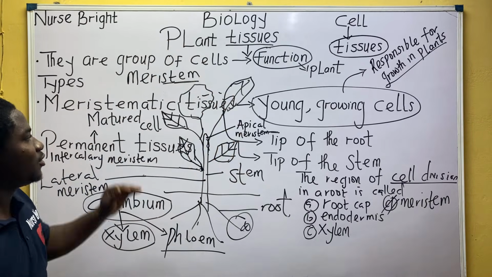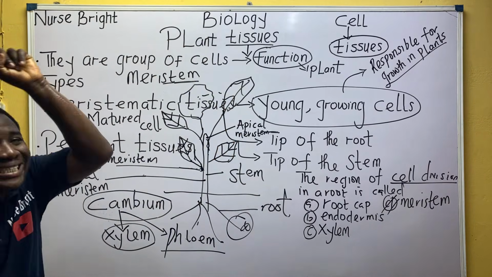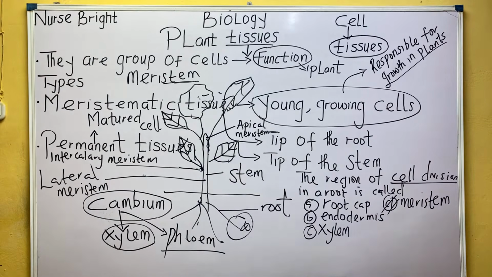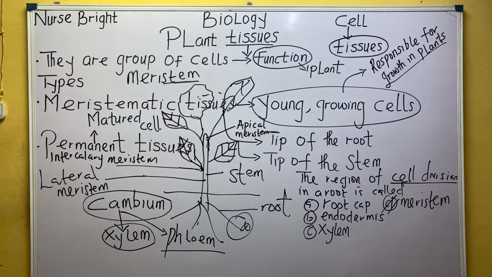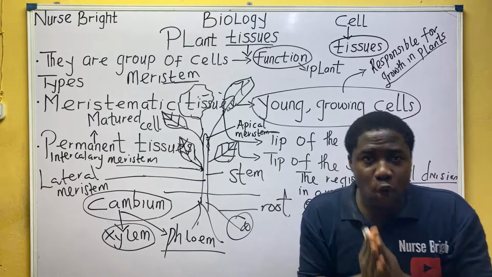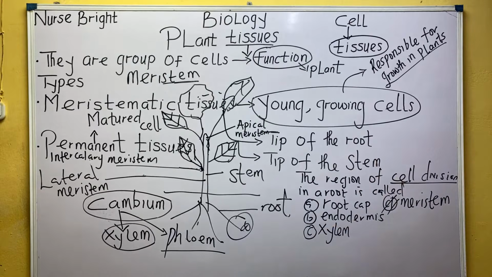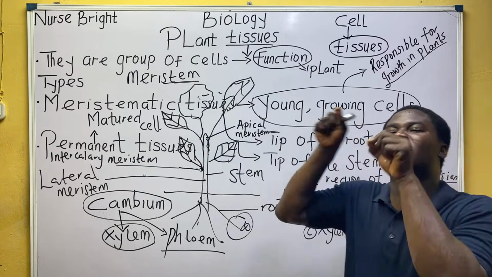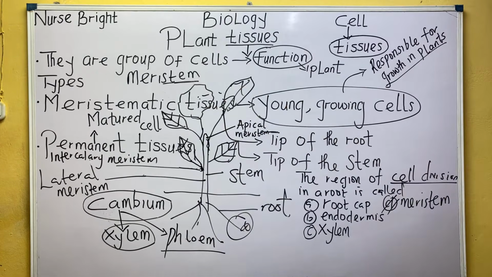So these permanent tissues found in a plant, their function is not for growth. So what is their function? They perform specific functions, which I'm going to talk about. Permanent tissues are not for growth, but they have specific functions that they undergo.